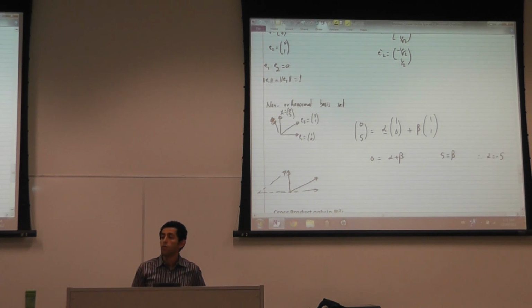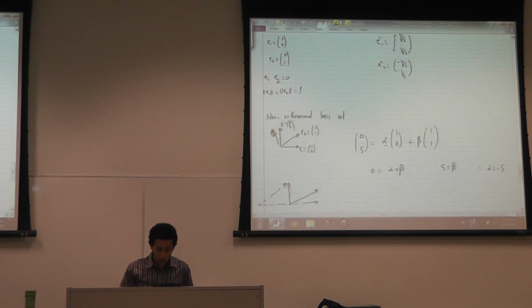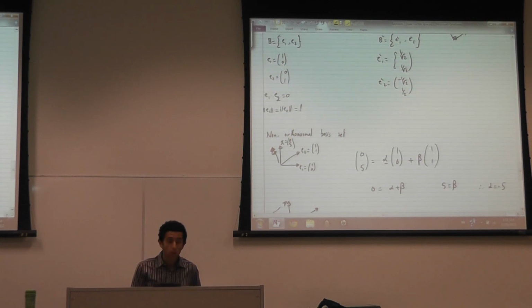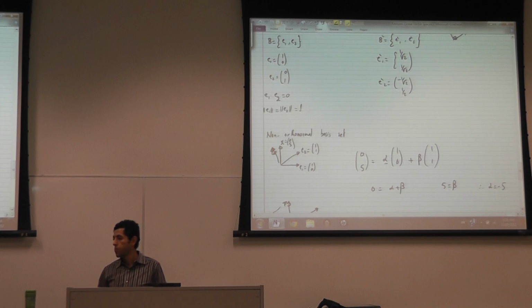So any two linearly independent vectors can be used as a basis set. But orthonormal ones are easy to work with. And that's why, instead of using 1, 0 and 1, 1, I'm using the traditional ones, where when you take the dot product you get 0.